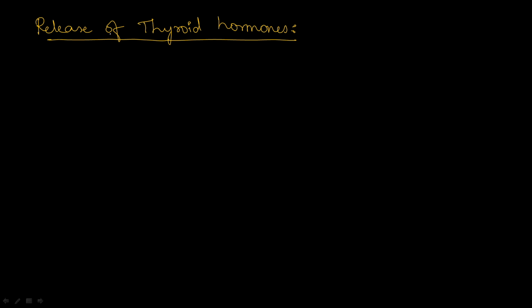If we see the pathway of how these thyroid hormones are released into the bloodstream, first of all we have the hypothalamus. Hypothalamus is the main regulatory body in our body, right? It is present in the brain.